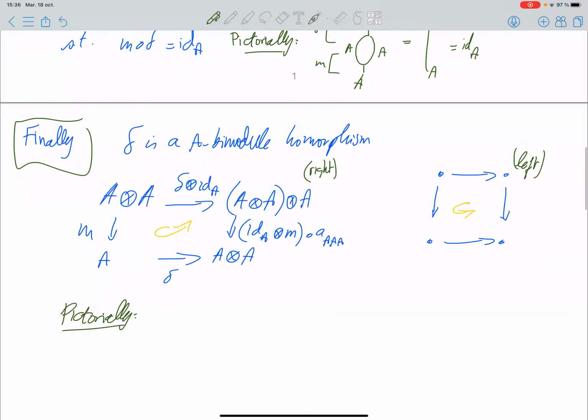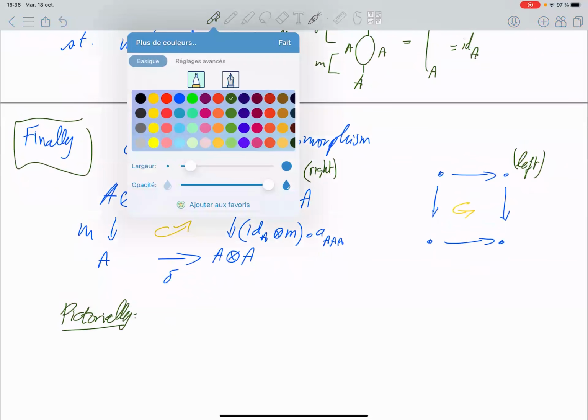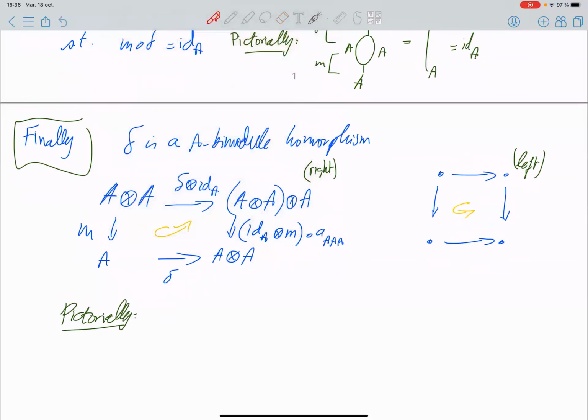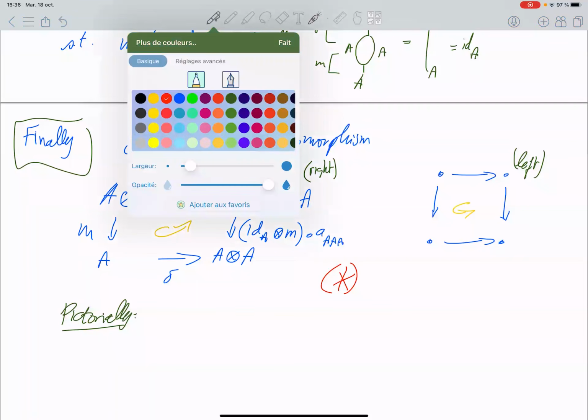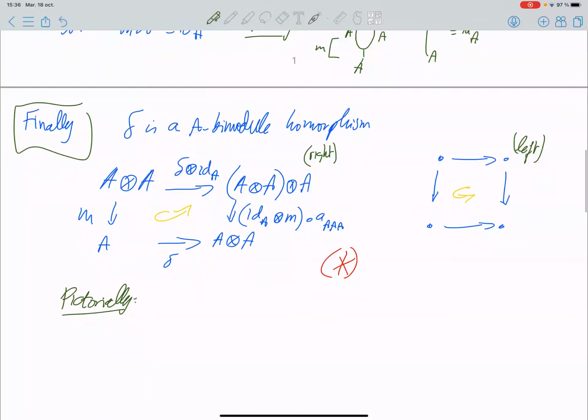So we will call, let me write that first. We will call this assumption, the two assumptions, star. We will mention that later as a star. And here, pictorially, it is just like that.